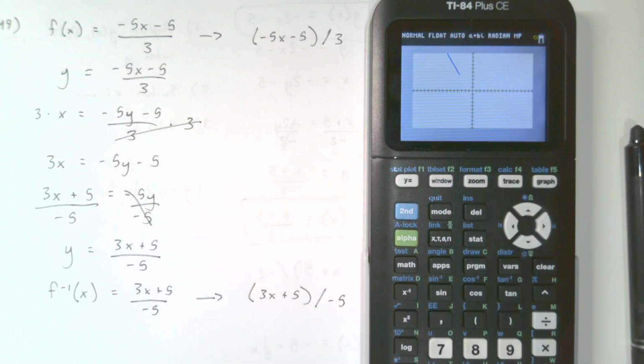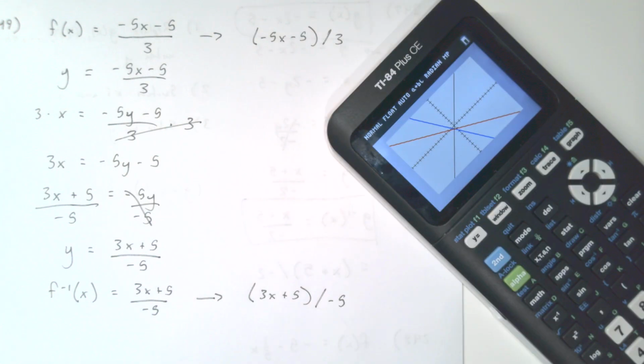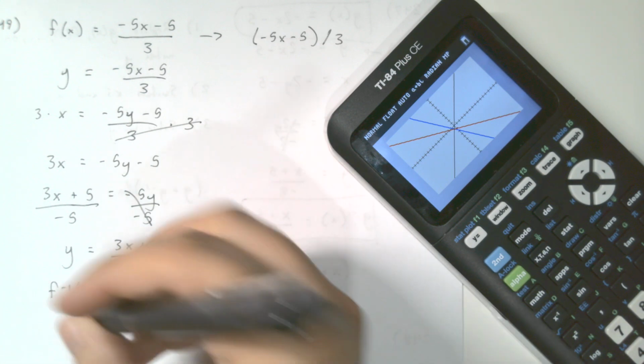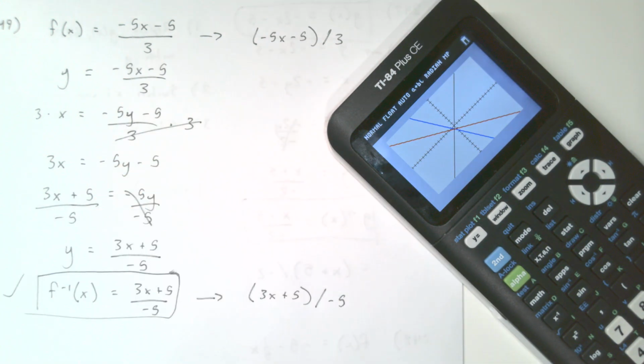When we graph this, one function, the other, and we have our mirror reflection. And it looks like I dropped my pen. Okay, there we go. So confirmed, this is our inverse function.